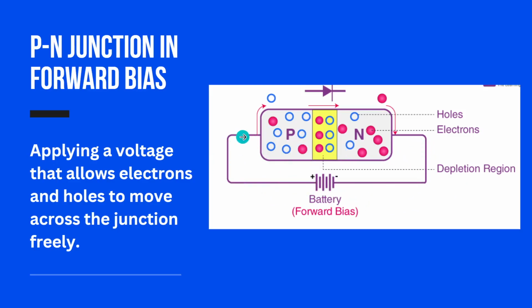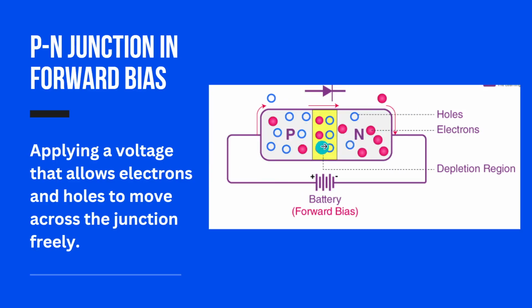When we do this connection, the electrons are going to be pushed from the n-type material to the p-type material, to the positive terminal of the battery. The current is going to flow through this circuit, because there is energy right here that pushes the electrons.